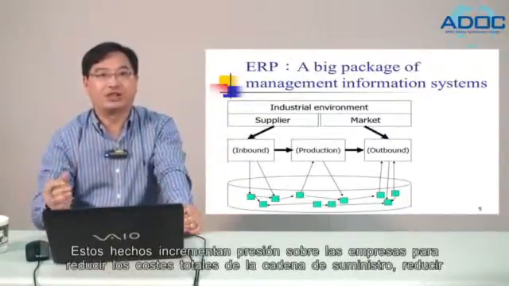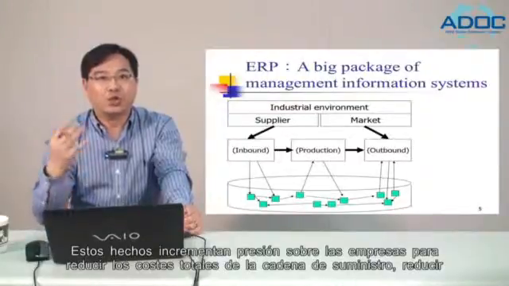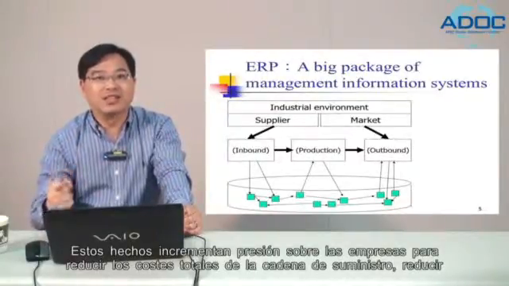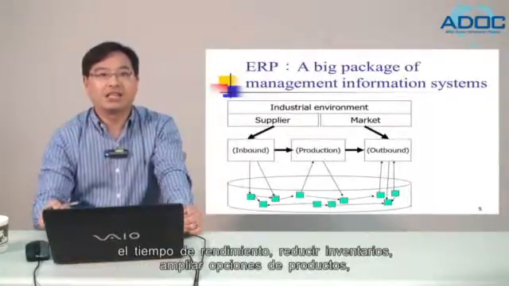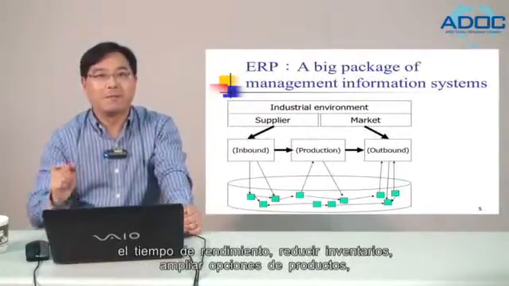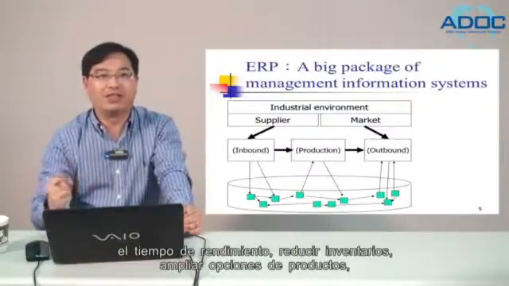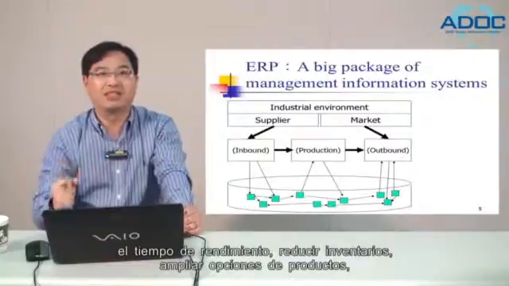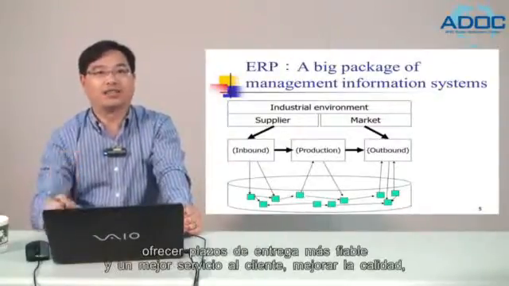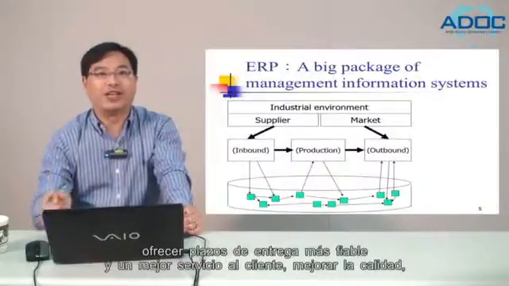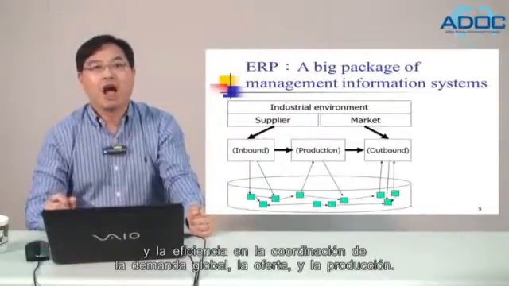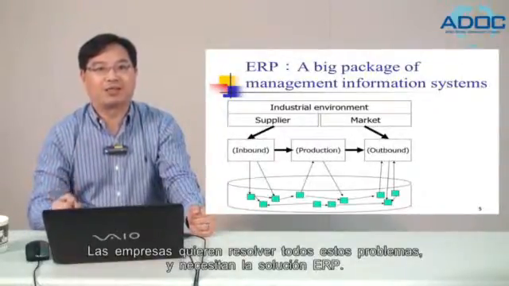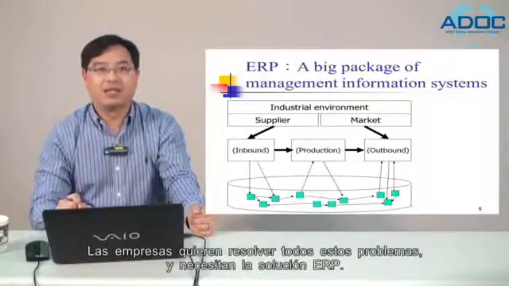This increases the pressure on companies to lower total cost in the entire supply chain, shorten throughput times, reduce inventory, expand product choice, provide more reliable delivery dates and better customer service, improve quality, and efficiently coordinate global demand, supply, and production. Companies want to solve these problems. They need the ERP solution.